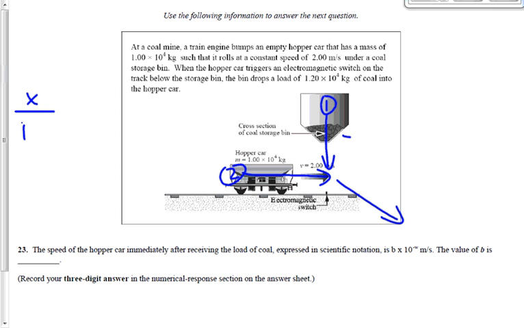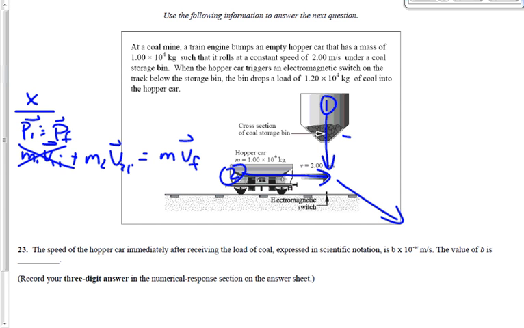Let's say pi is equal to pf. Let's say m1 v1i plus m2 v2i, the coal plus the hopper car, equals m v f for the x component. M1 doesn't matter because it doesn't have an x component. M2 is 1.00 times 10 to the 4.